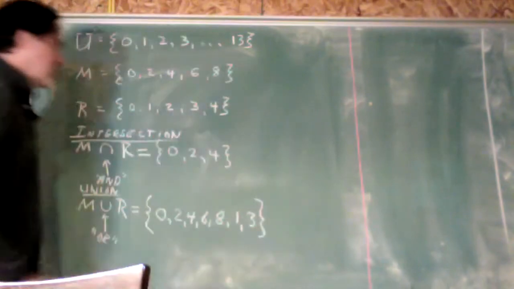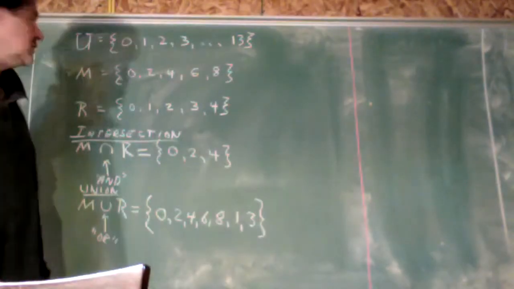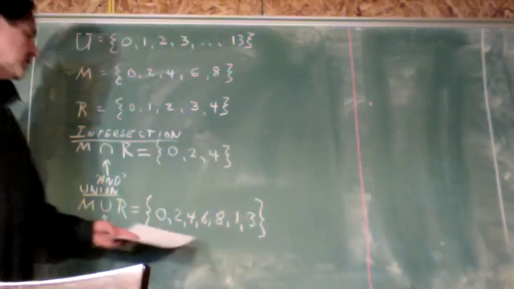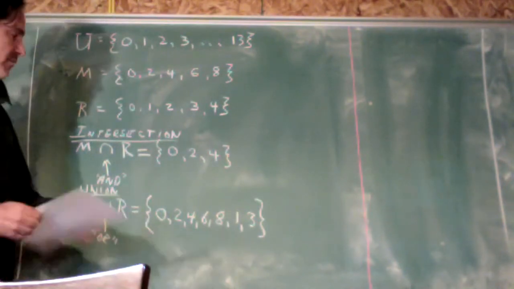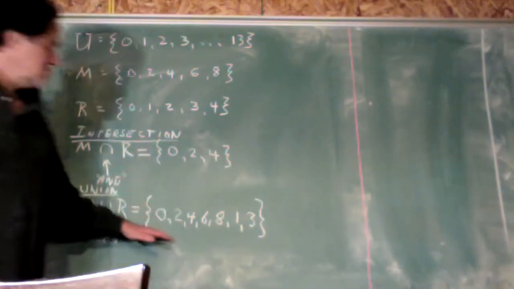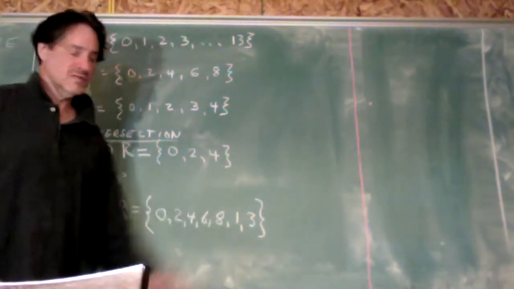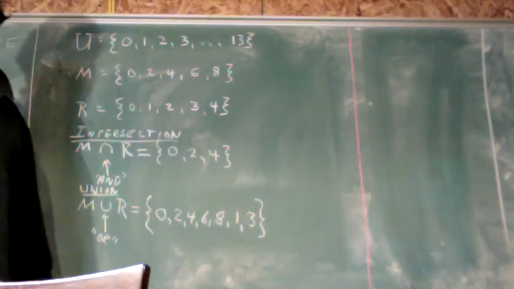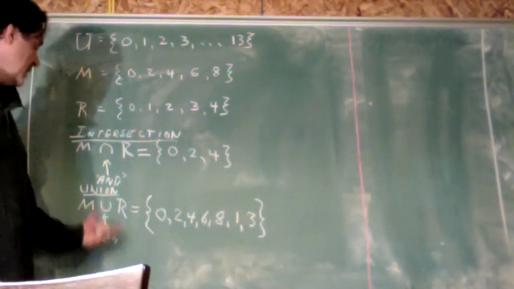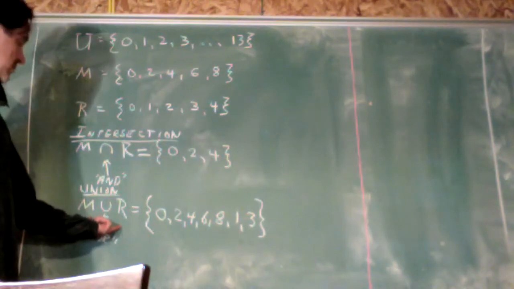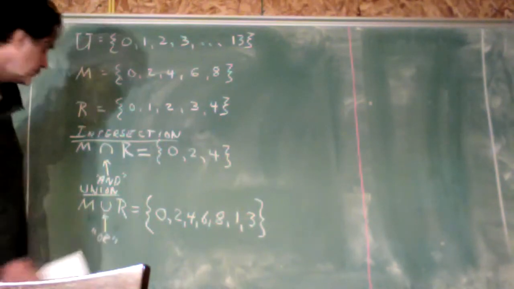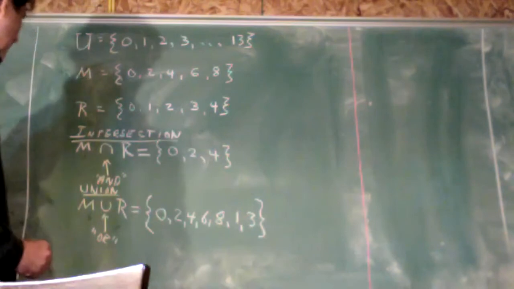The process terminates, we've exhausted the possibilities. Remember that the order in which we write the elements of a set does not matter. Any permutation of this collection of elements is a legitimate way to list the elements of the union of the sets M or R. The union of M and R.